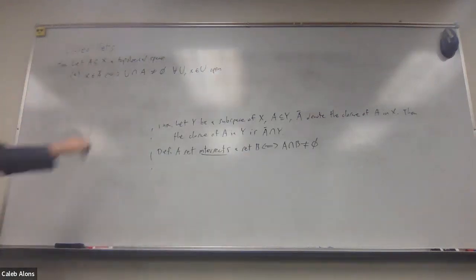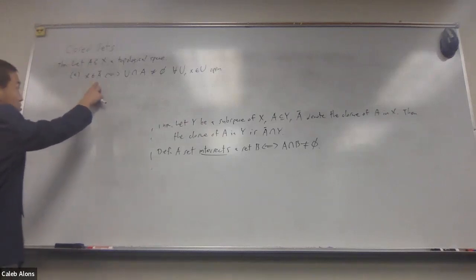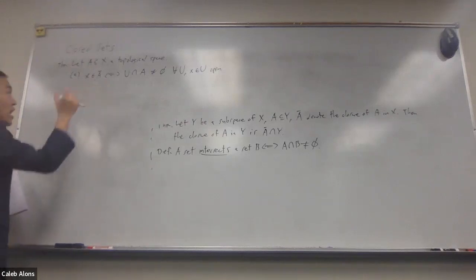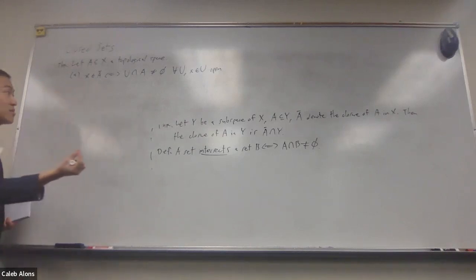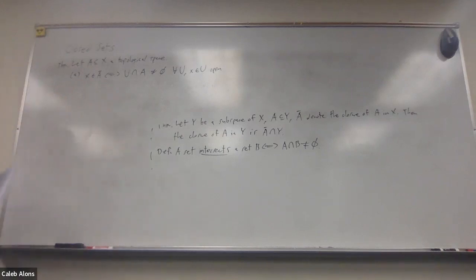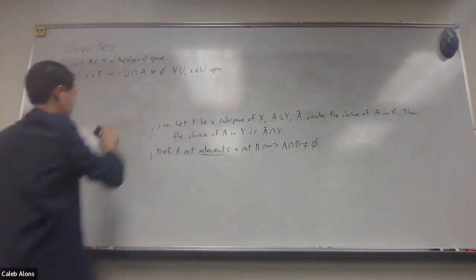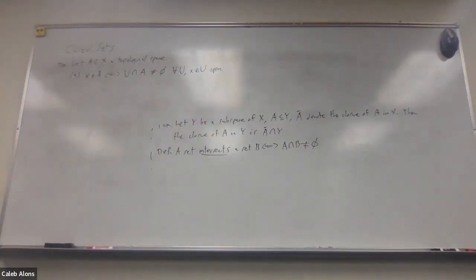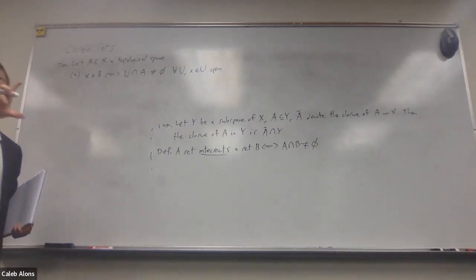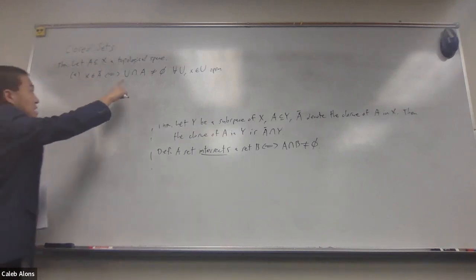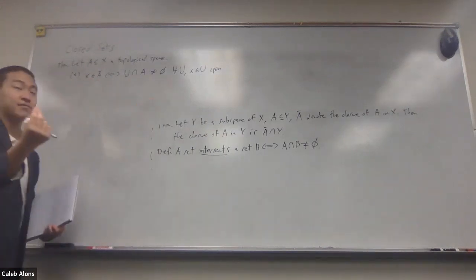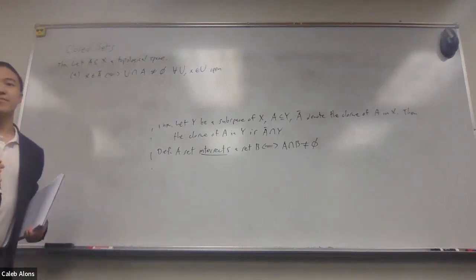So if I take a member of the closure, then essentially every single set that contains that particular element is going to intersect with A. So every single open set that contains x, intersect A can't be empty. So like say you had 0 to 1, but the 0 is not inclusive. Then if I wanted 0 in the closure, that means every single open set in R that contains 0 will intersect with A.